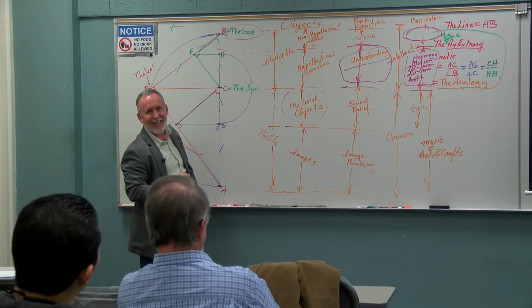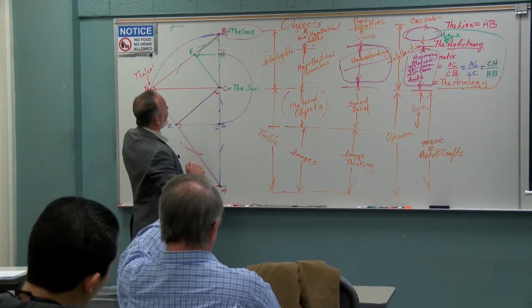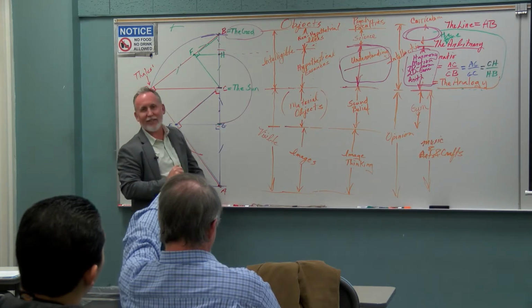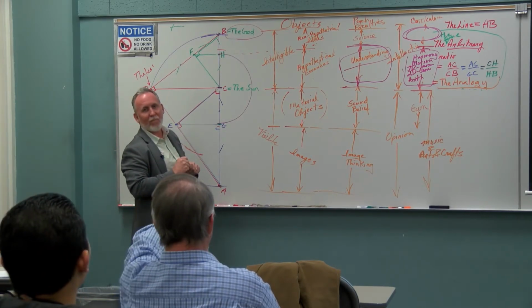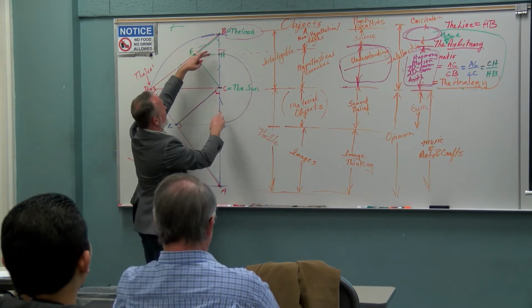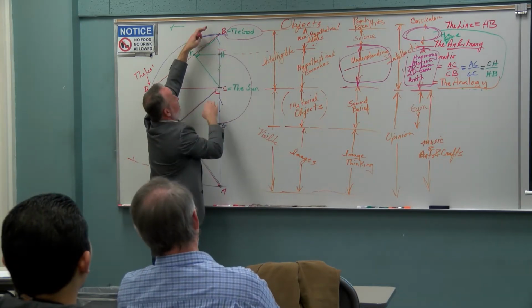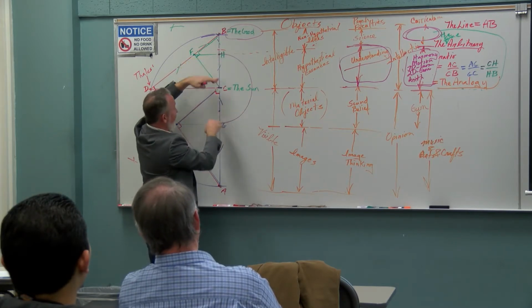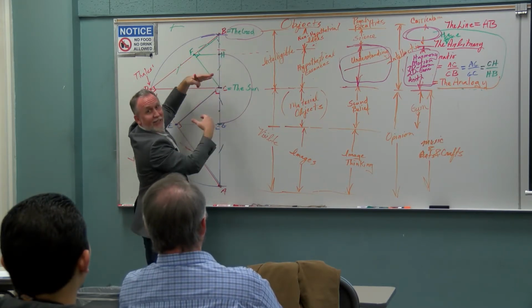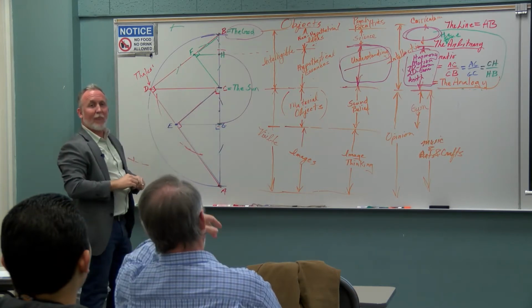But I thought the size of the two middle regions was the same, so they're both intermediate then? Well, because then this one's going to be bigger than this one. And this is also going to be bigger than this one. It's not in the middle. GC and CH are going to be the same.